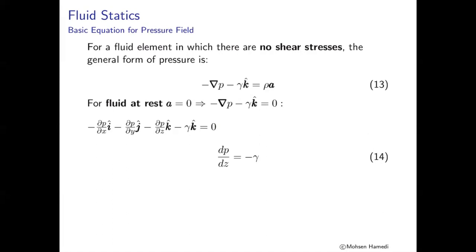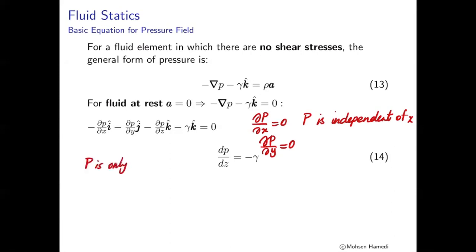So since del p over del x is 0, it means that the change in pressure is independent of x. And also since del p over del y is also 0, the pressure is not a function of y. So we can find that the pressure is only a function of Z.